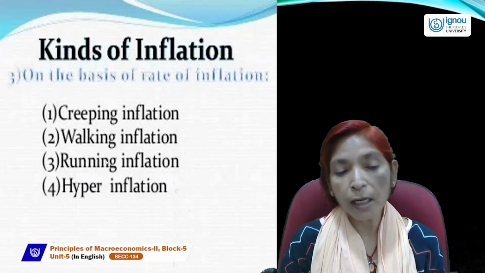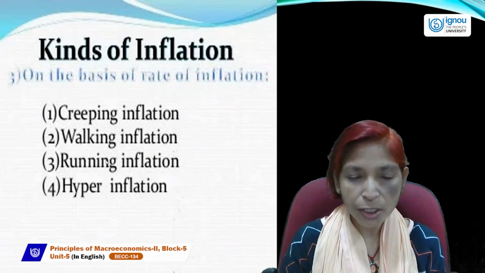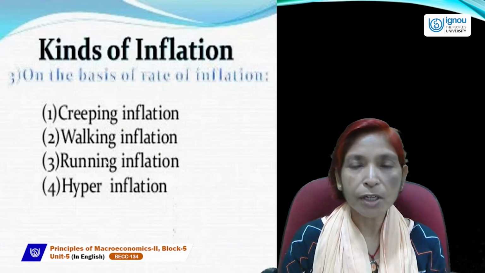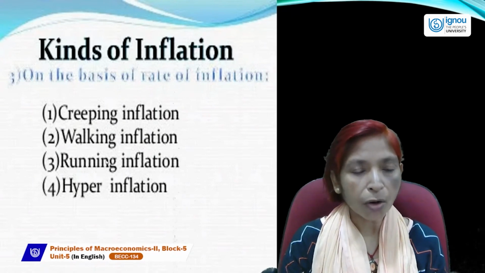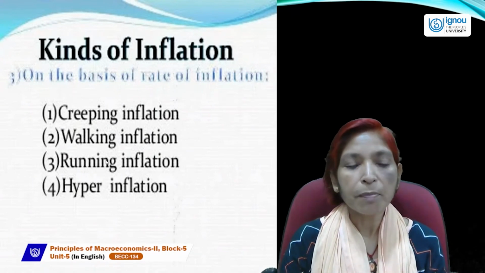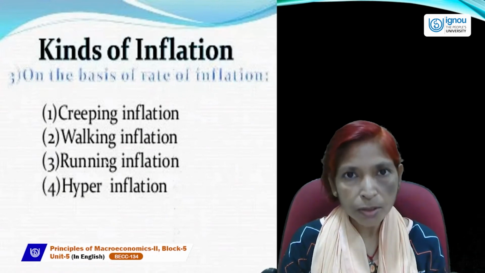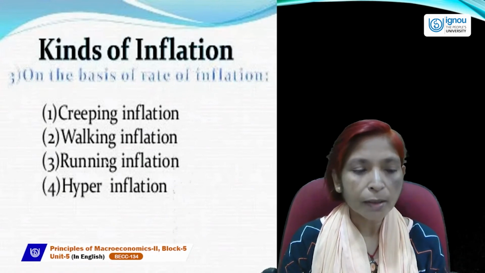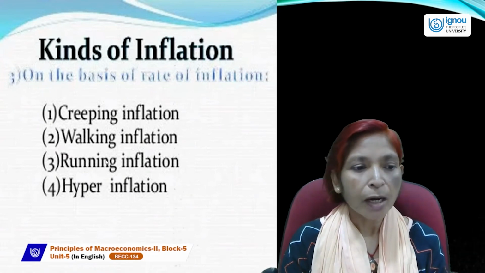Next is hyperinflation. Hyperinflation is that situation in which the inflation rate increases to 50% or 100% or 200%. When price increases by a very large amount or ratio, that situation is called hyperinflation.